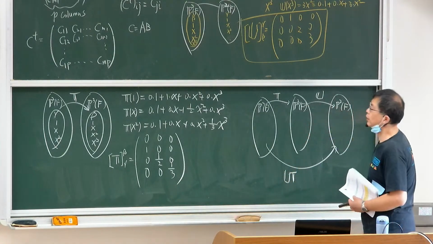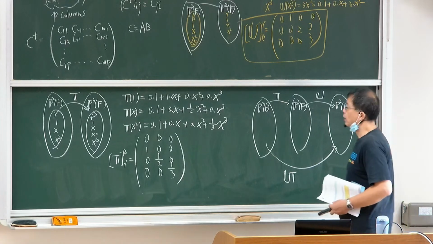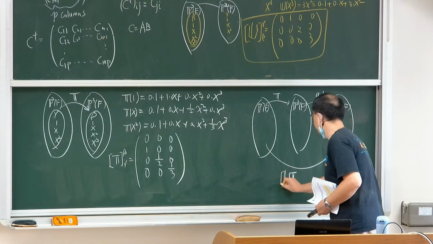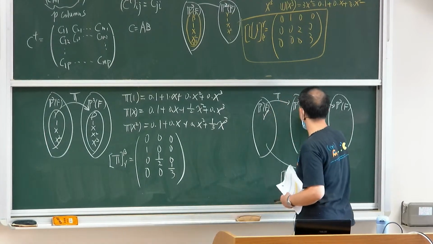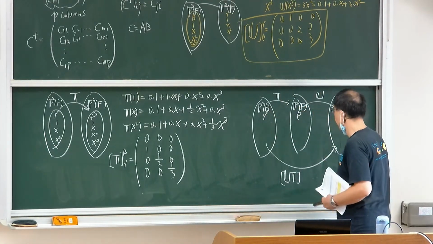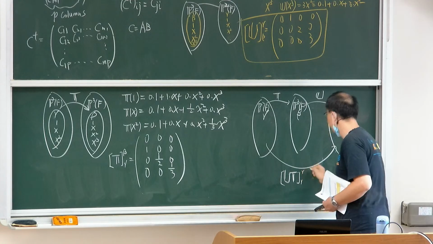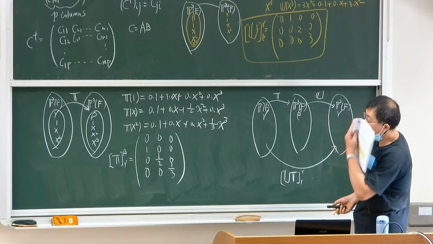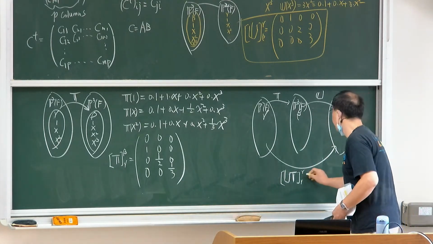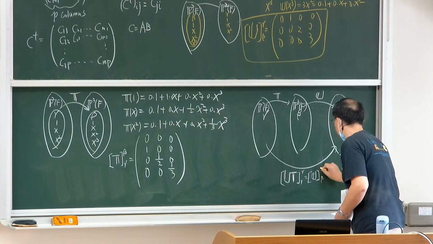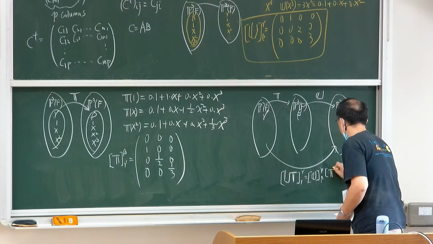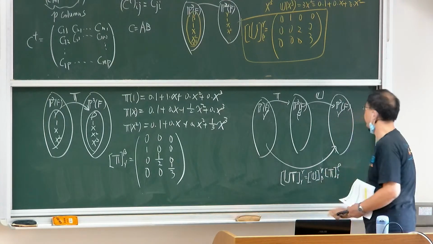The matrix representation of UT goes from gamma to gamma, because this is gamma, this is beta, this is gamma. Then I have U from beta to gamma and T from gamma to beta.